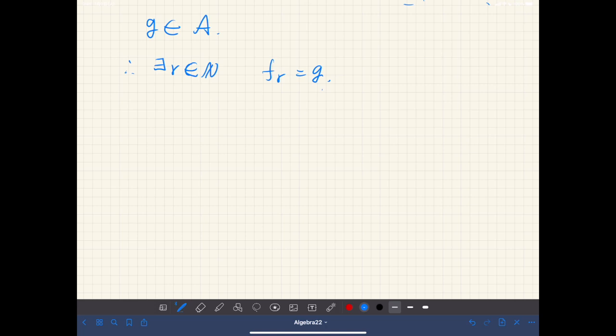If this is the case, then what is the value of g(r)? If g is fr, then g(r) should be equal to fr(r).